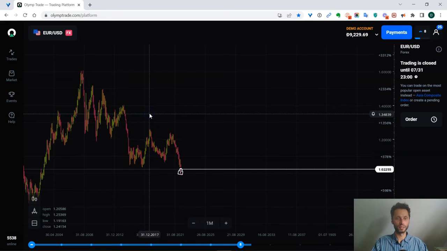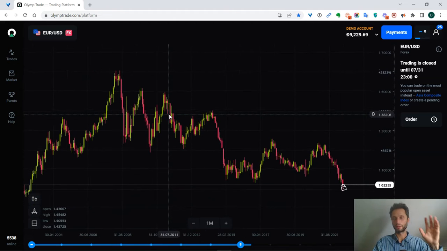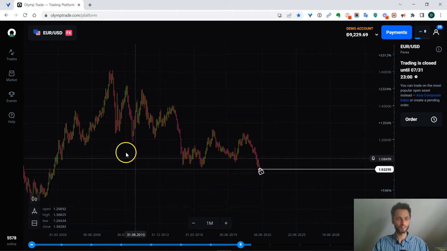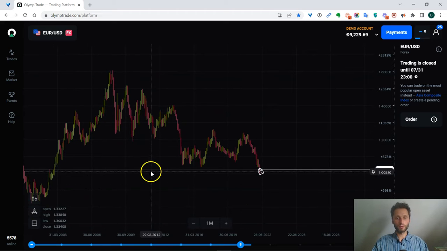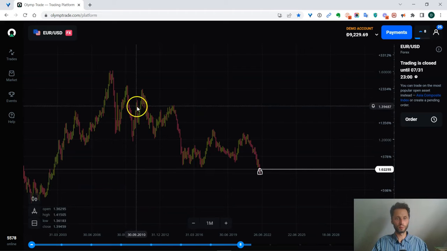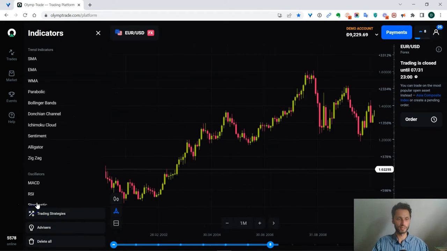Let's have a look at the euro dollar to start with, the biggest or one of the biggest ones of all markets. So on the monthly time frame, we can see we had this very large protracted move. We're now coming down into this retracement, and we're now in a deep retracement phase.